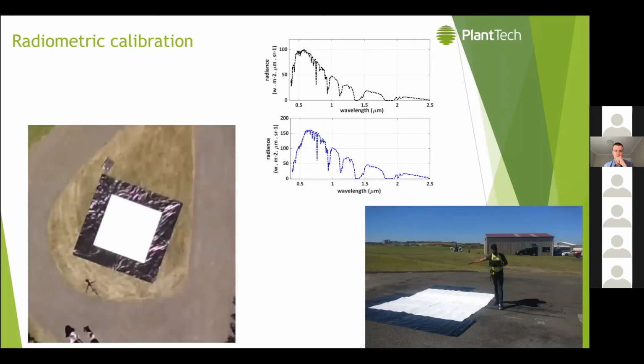The second method is the radiometric calibration. Once we collect the radiance from the airborne instrument, at the same time we also collect reflectance using a calibrated spectroradiometer.